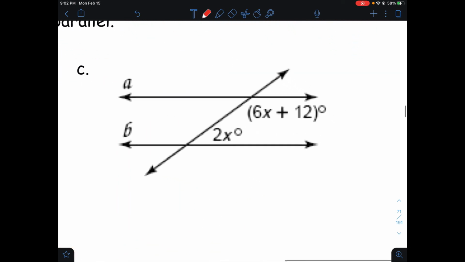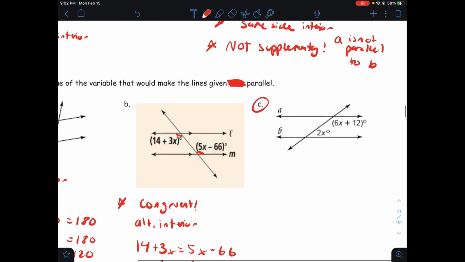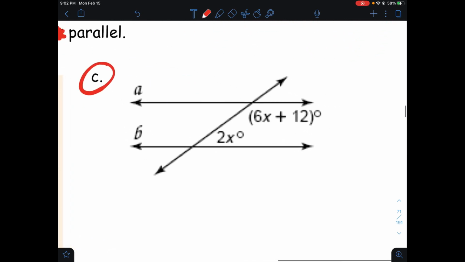All right, so I want you to try to figure this one out. Well, if we want A and B to be parallel, what would x have to be? So if we want A and B to be parallel, these angles would have to be supplementary, right?